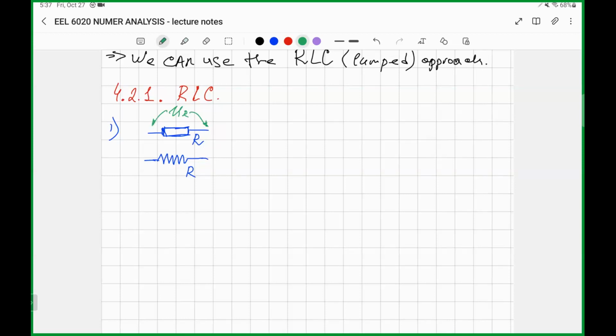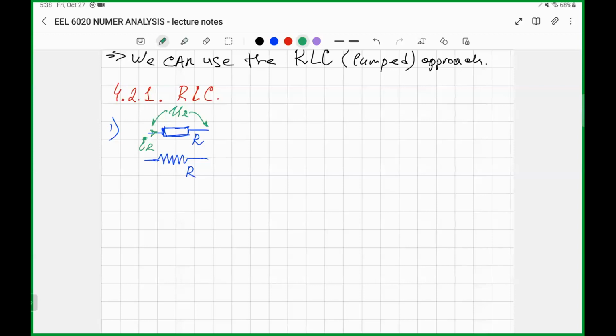If I connect a meter or tester to the resistor, it will show me some number because of the finite R. If I have just a wire, my voltmeter would show 0 because the wire is an equipotential surface, right? So if no resistance, then no voltage drop. For the resistor, we have this voltage drop across it, and of course some finite value of the current I_R that flows through this resistor.